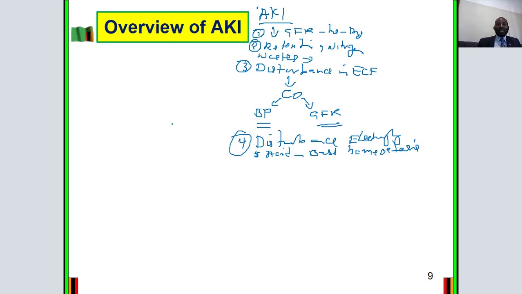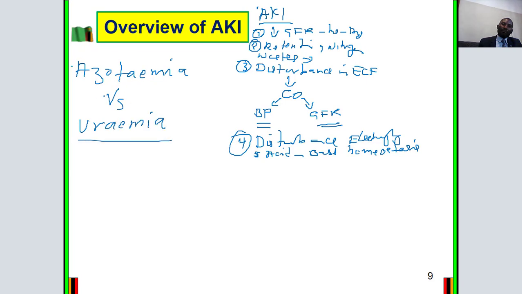Then there's something that I am also supposed to ask you. What's the difference between azotemia versus uremia? Let's hope someone is not telling me uremia is the presence of urea in blood.